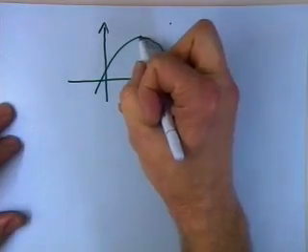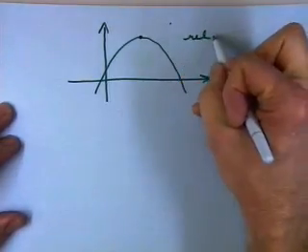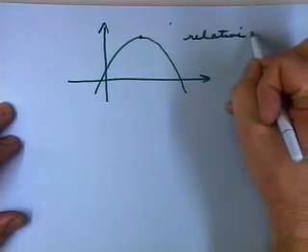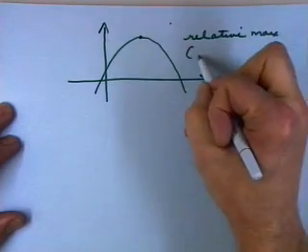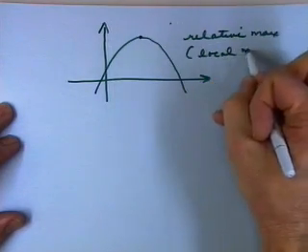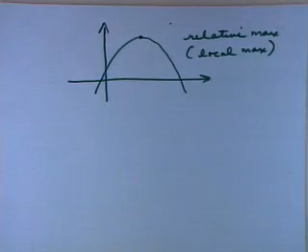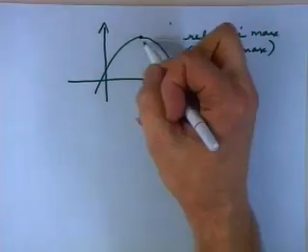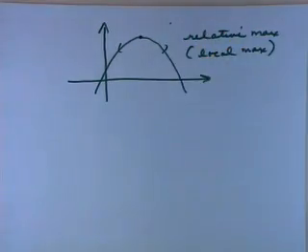I'm going to call this point right here a relative max. Sometimes it's called a local max. But in that general vicinity of the graph, a little bit left of that point, let's say over here, and a little bit right of that point, that's the highest point in that locality, in that region. So we'll call it a relative max or a local max.